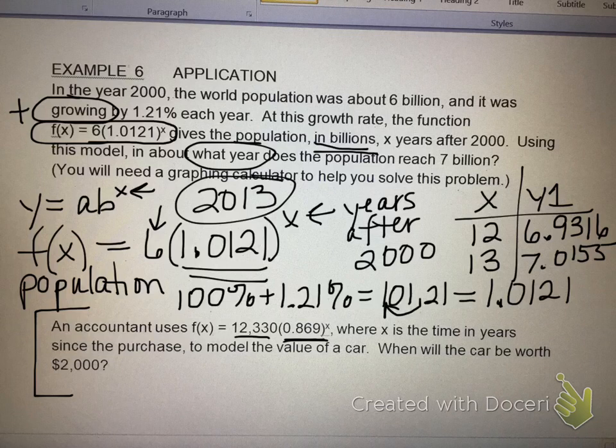And we want to know, when will the car be worth $2,000? How many years is it going to take for this car to lose value where it's finally going to be $2,000? You're going to do the same thing in your calculator. Plug that in beside Y1, and then access your table and scroll down your y's until you see the number 2,000. So let me know if you have questions on this. Good luck, and thank you for listening.